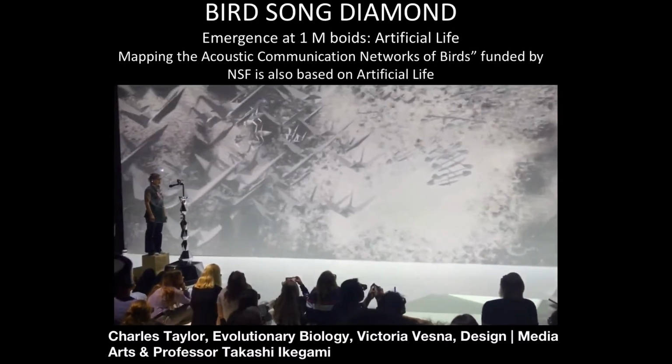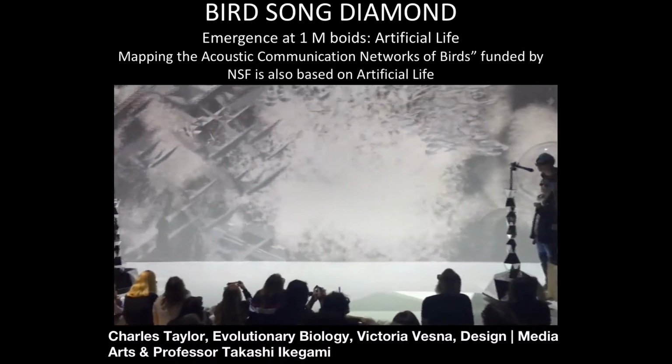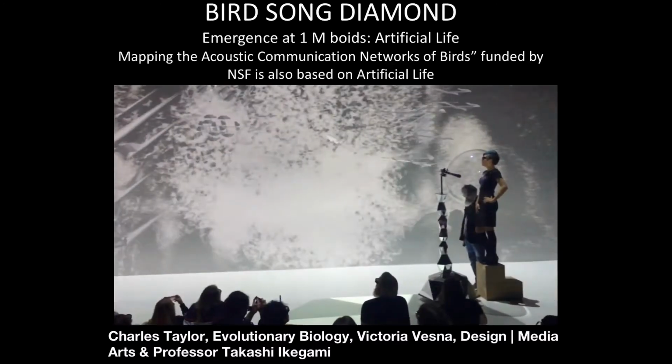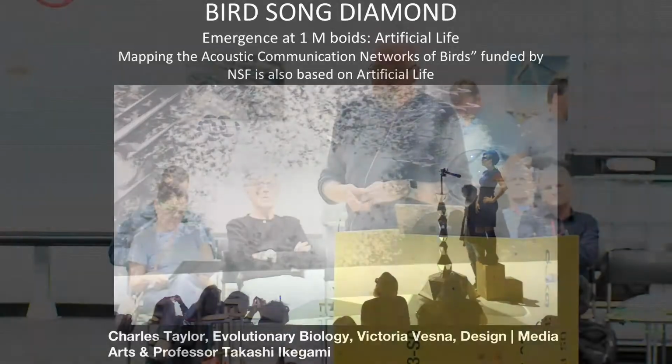And in that respect, artists have a terrific role to play because artists look at very complex phenomena and they're able to extract some kind of information from it. And this is a particular example, birdsong diamond, which I think relates to artificial life, which was shown last year in Ars Electronica, by evolutionary biologist Victoria Vesna, who's an artist, and Takashi Ikejima, who is working on these networks.